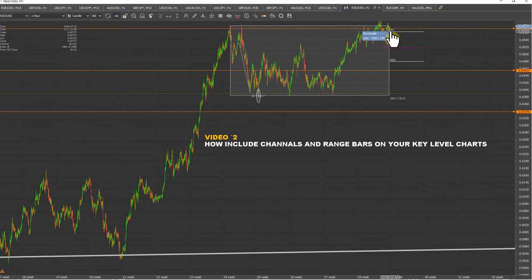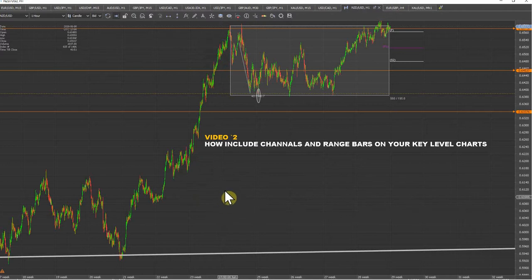But if you miss these entries, how do you get in on a daily basis? Because it's already moving. How do you execute trades to join this journey on this bullish New Zealand dollar against the US dollar? I'm going to show you that on the next video.